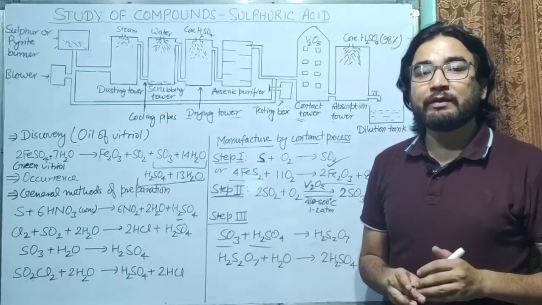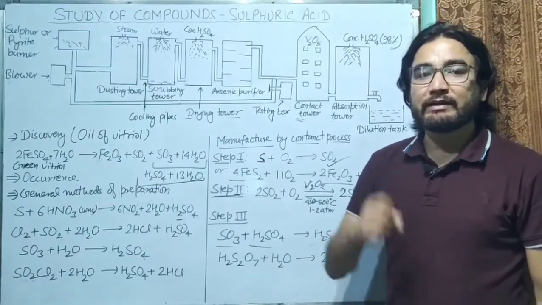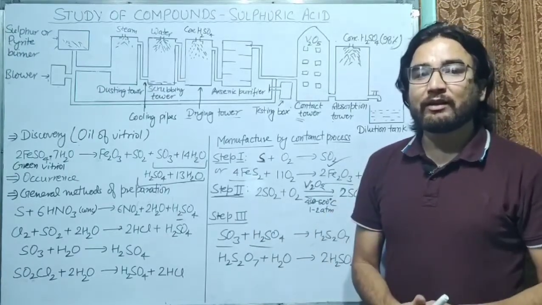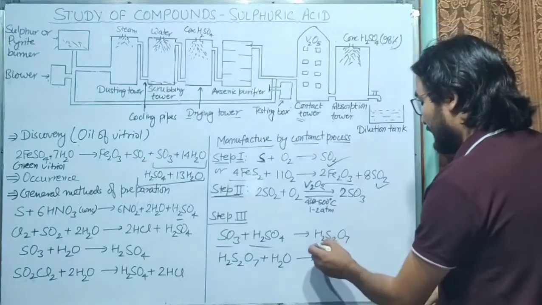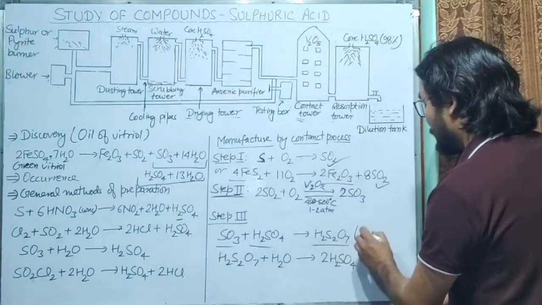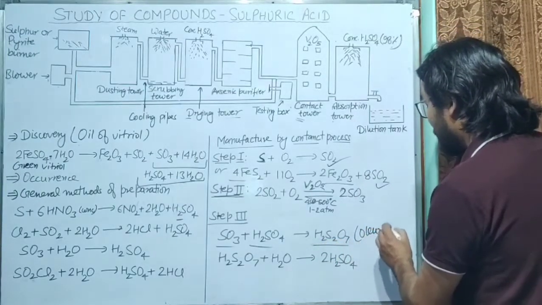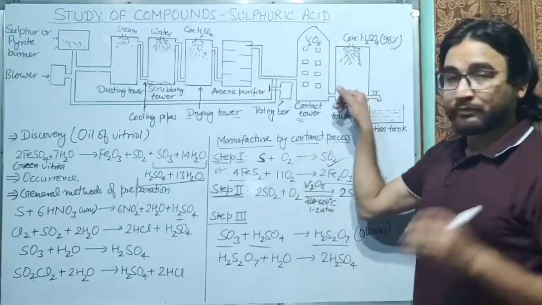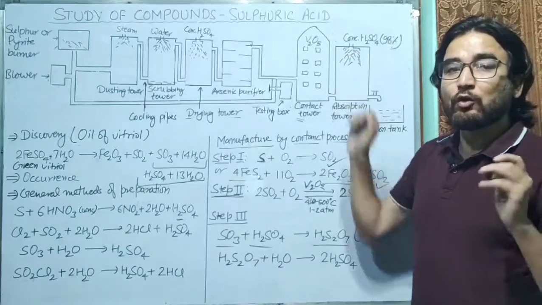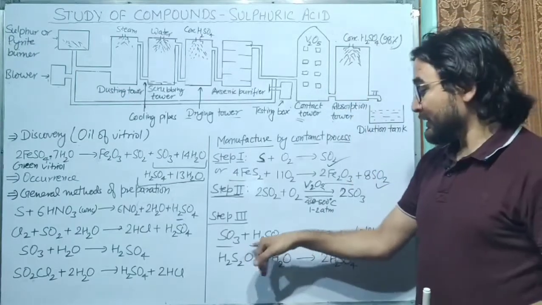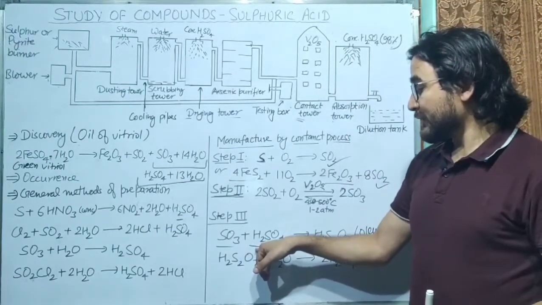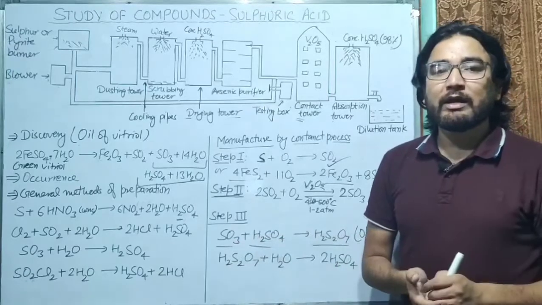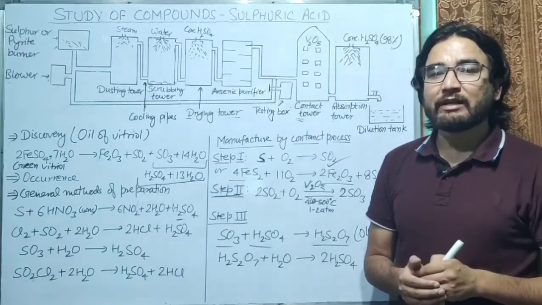The concentrated sulfuric acid will absorb sulfur trioxide gas and form H2S2O7, that is called oleum. So in this absorption tower, the oleum is formed by spraying sulfuric acid on SO3, that is sulfur trioxide.